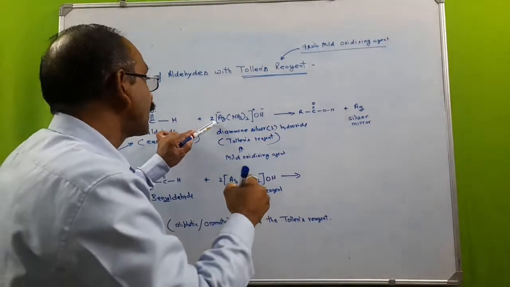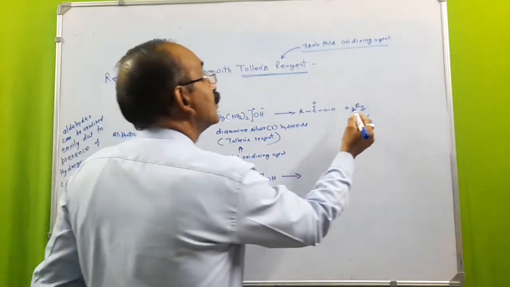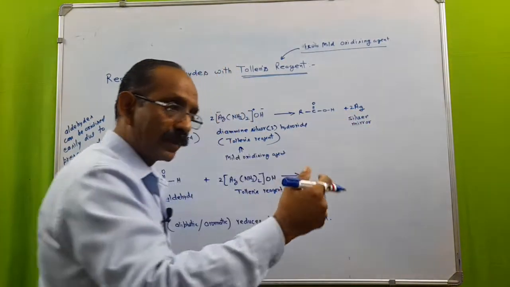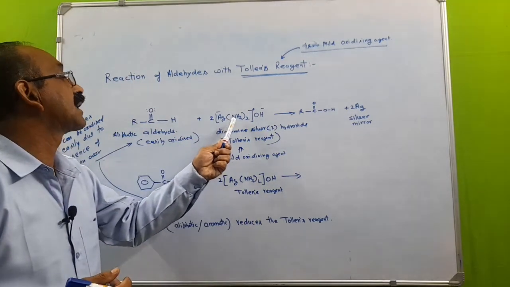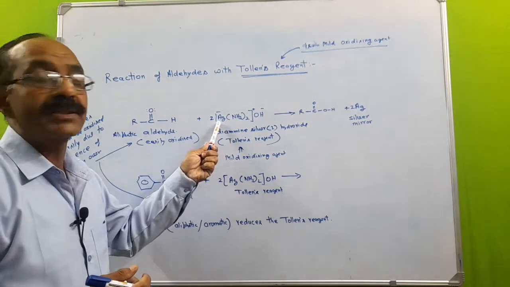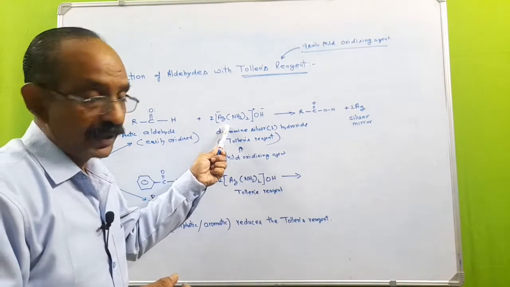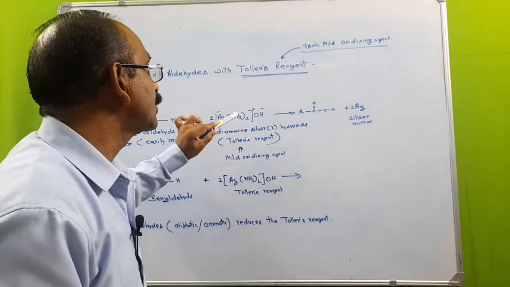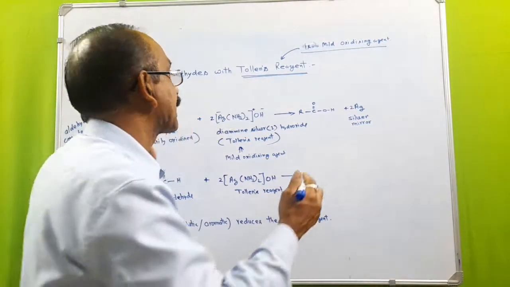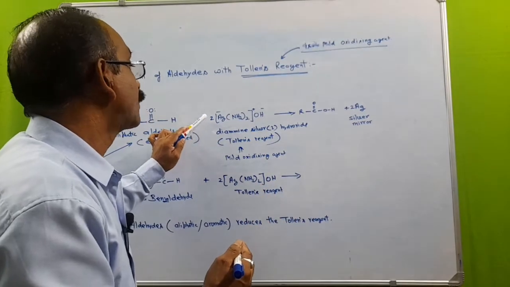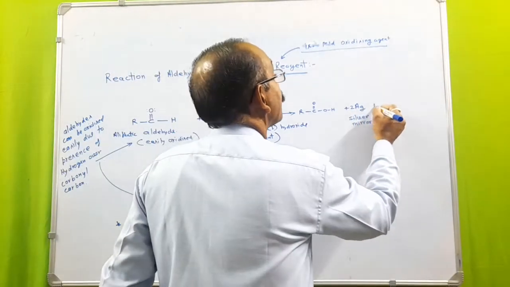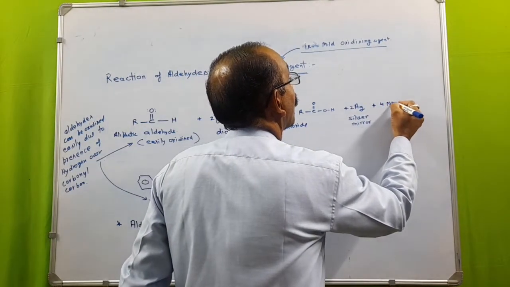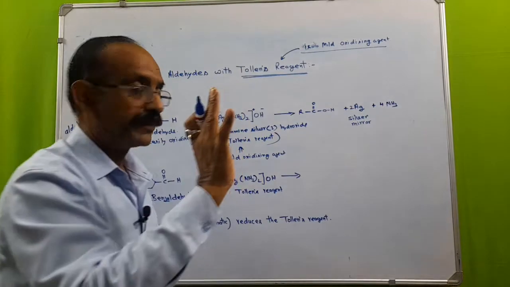Ammonia acts as a ligand while there is a positive charge over the silver. As the Ag gets reduced, the ammonia will be set free. Here 2 moles of Tollen's reagent are taken, so 4 ammonia will be set free.